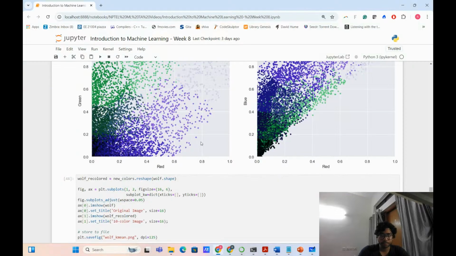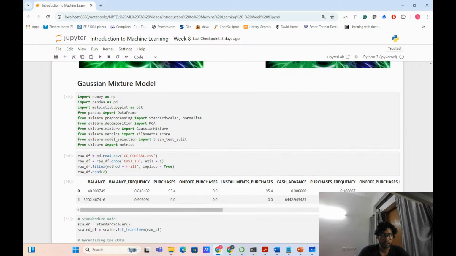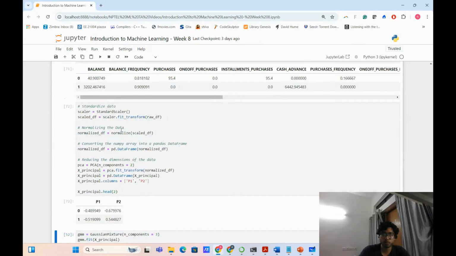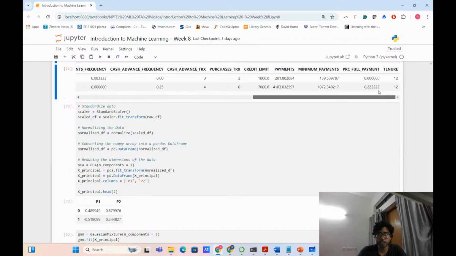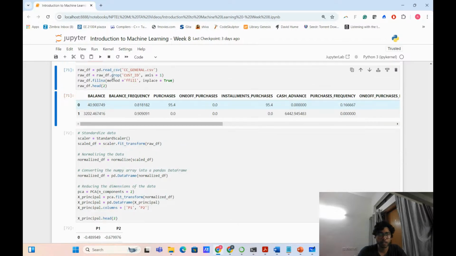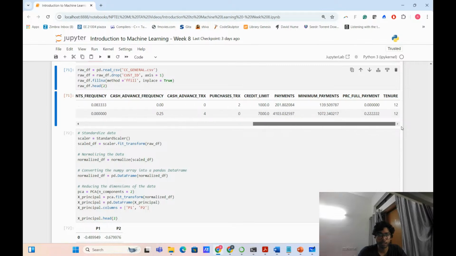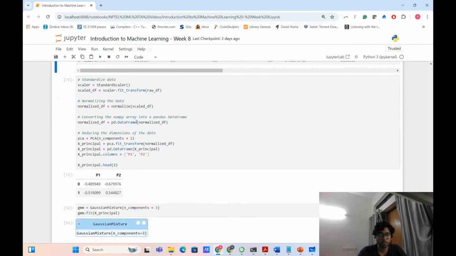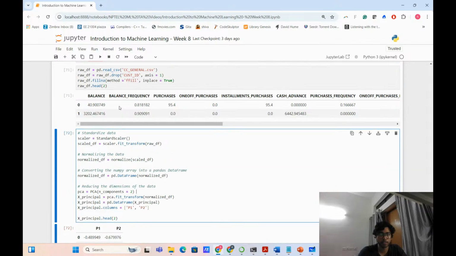Right. So let me show you a quick hands-on. You have this credit card data, right? Just to make a visualization, I have reduced this data into 2 dimensions.